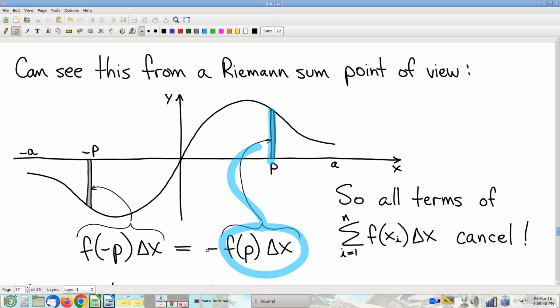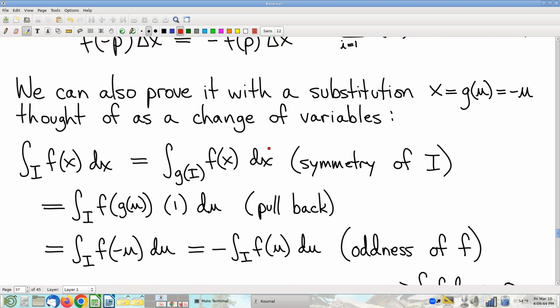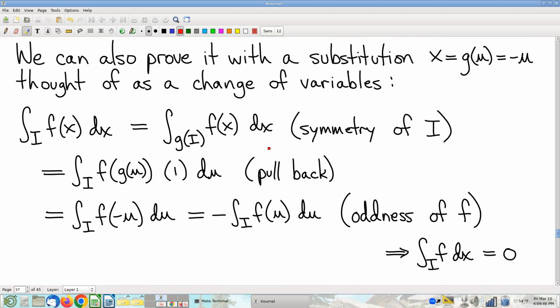Now I'm going to give you a different point of view that's going to be more directly relatable to the multivariable use we're going to make of it, and that is, let's think of this in terms of a substitution. Remember, substitutions are just the single variable version of change of variables. So cosmetically, you're going to think x is negative u, so I've got x as a function of u.